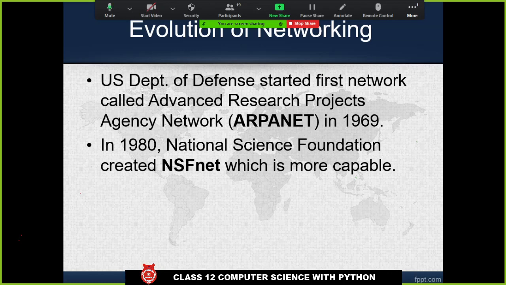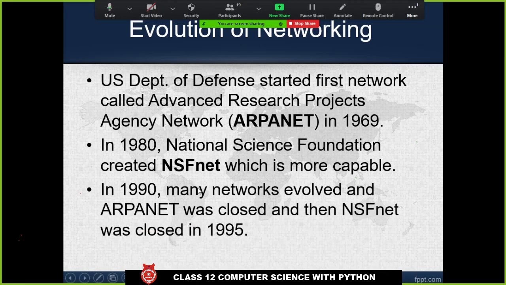So under ARPANET, computer network started, and in 1980, National Science Foundation created NSFNet, which is more capable, and networks became more and more reliable and more popular.